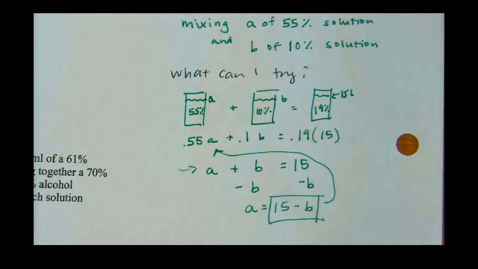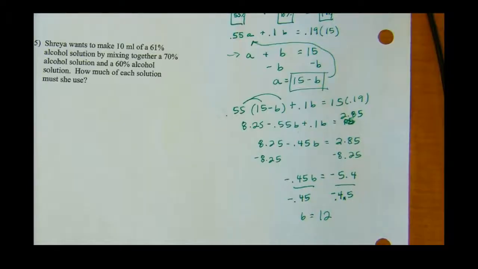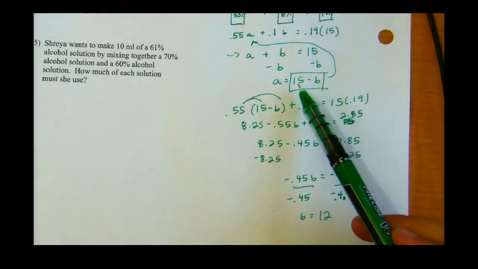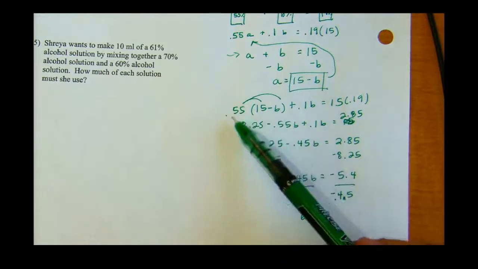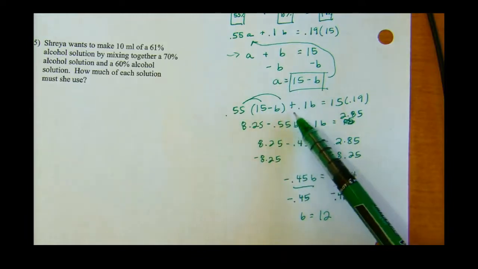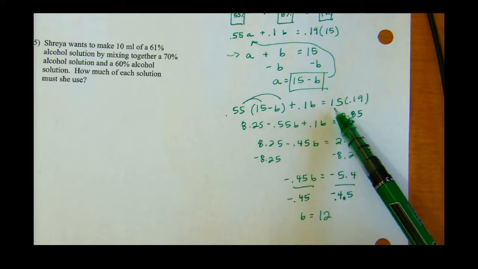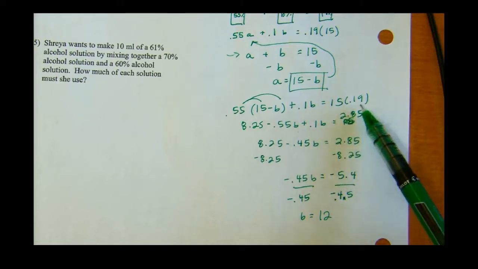Go ahead and do that. You should pause your video. I'm going to post the solution in just one moment, so you want to work this through on your own. When I plugged in 15 minus B for A, I got 0.55 times (15 minus B) plus 0.1B equals 15 times 0.19.